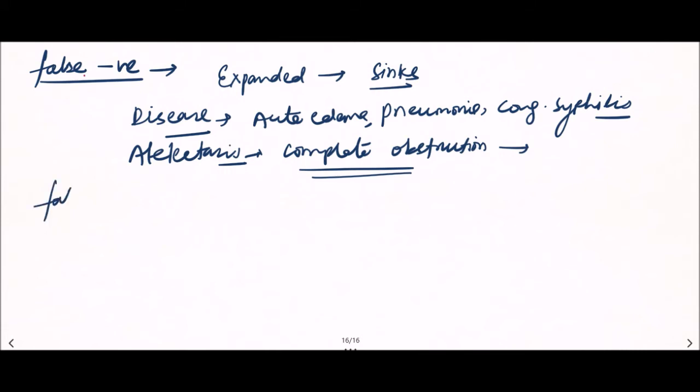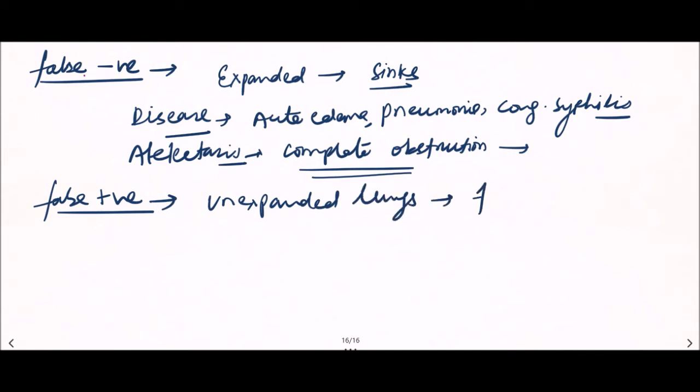Now the second is false positive hydrostatic test. It means the unexpanded lungs float. Positive is seen in putrefactive changes.